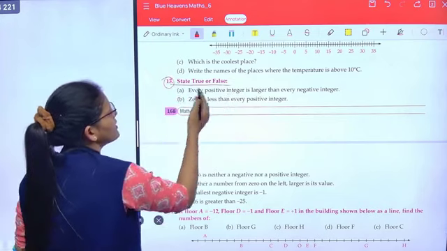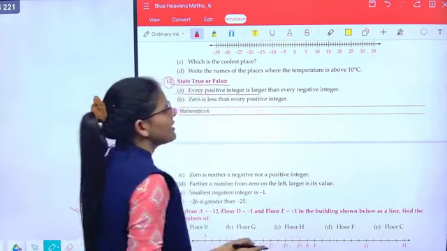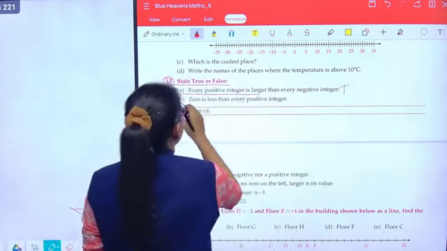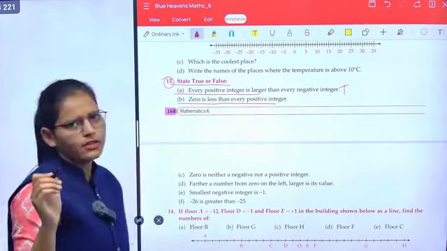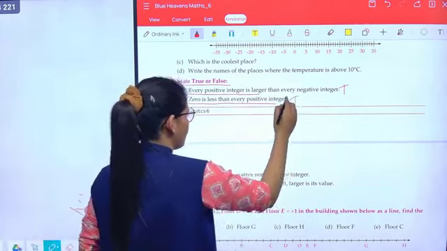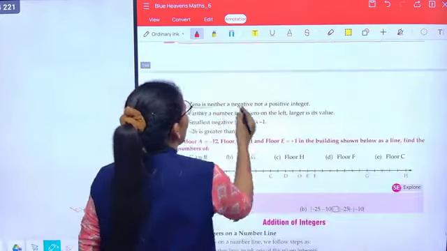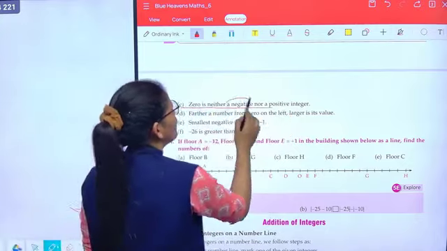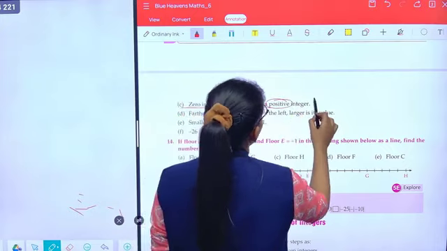State true or false. Every positive integer is larger than every negative integer. Yes, true. 0 is less than every positive integer. Yes. Now 0 is neither a negative nor a positive. ना तो क्लास वो नेगेटिव होता है ना ही पॉजिटिव होता है. क्लास इट इज ट्रू.